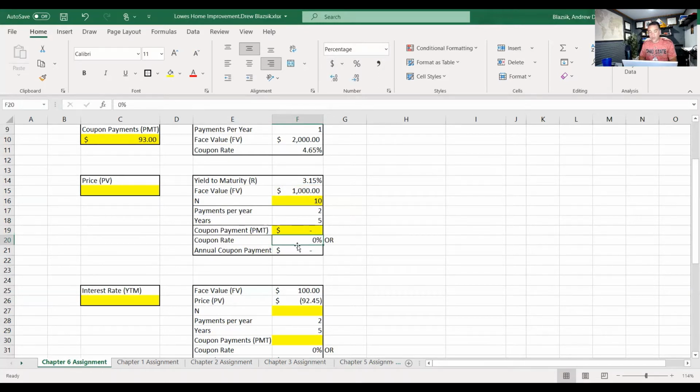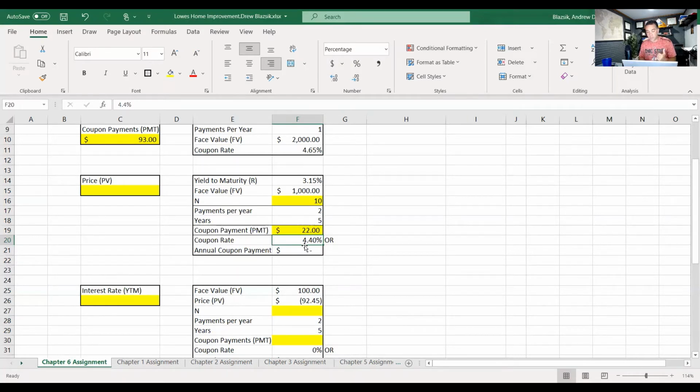I put an "or" there. So if you want to solve it by a coupon rate, if that's what's given, just enter a certain percentage. Let's say 4%. Well, then it solved it for you: $22, so 4% of 1,000. Anytime you're working with Excel, sometimes it won't show any decimals.